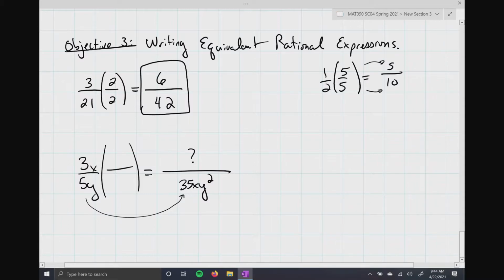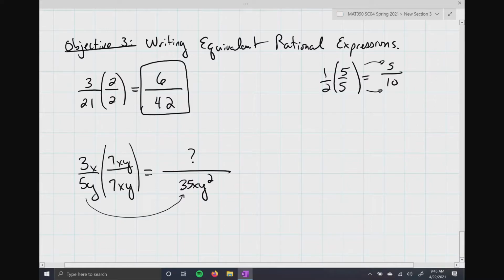7. Good. So I put a 7 in the top, 7 in the bottom. Now, I need an x downstairs also. 7xy. Say that again. 7xy. But here's the problem. If I do the bottom by 7xy, I have to do the top by 7xy also.